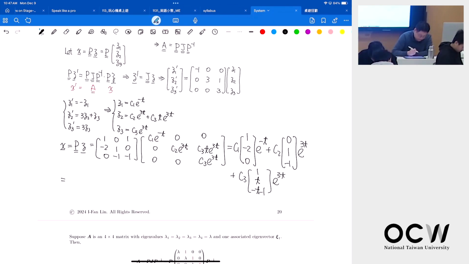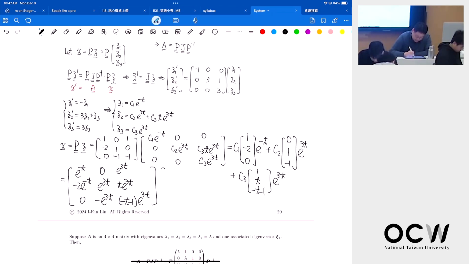Overall, e to the minus t, minus 2 e to the minus t, 0, 0 e to the 3t, minus e to the 3t, e to the 3t, t times e to the 3t, and minus t minus 1 e to the 3t, times C1, C2, C3. So many ways to express your answer.